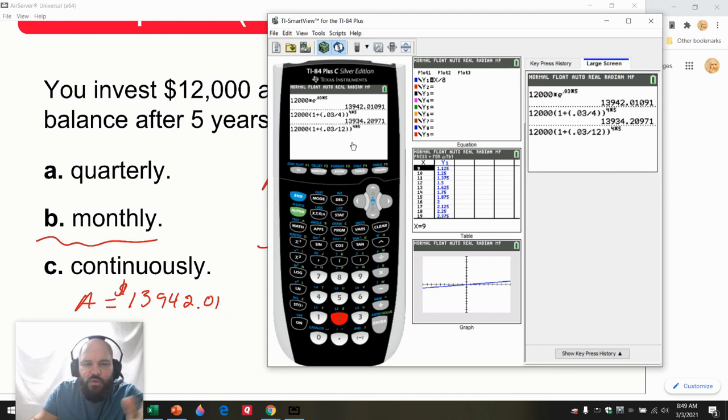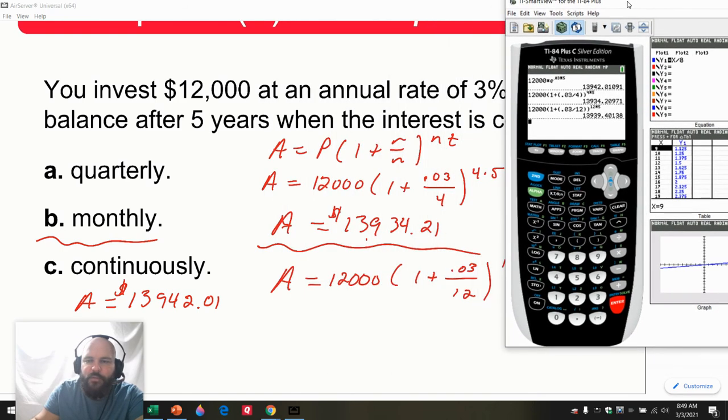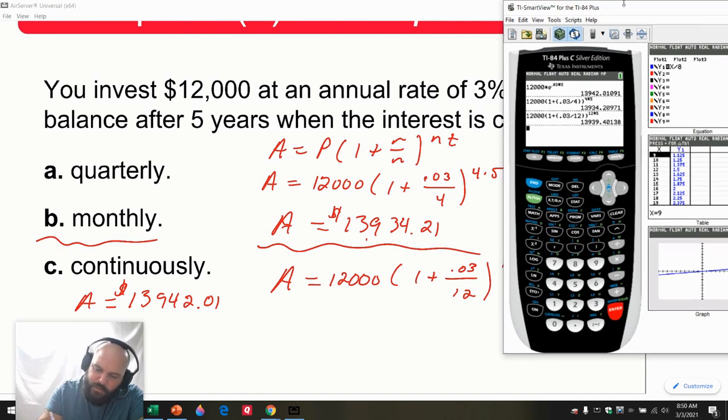And you can see it scooched everything over, and I was able to put that 12 in there. And then I'm going to go up here and do the same thing with that 4. I'm going to type 1, second insert 2, and now everything is changed to a 12. I can hit enter, and I get my amount for this, which is the account balance is $13,939.40.